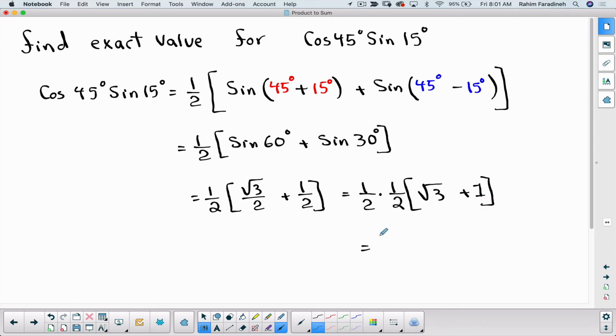So our final answer is 1/4 times radical 3 plus 1. So this is the exact value for sine of 15 degrees times cosine of 45 degrees.